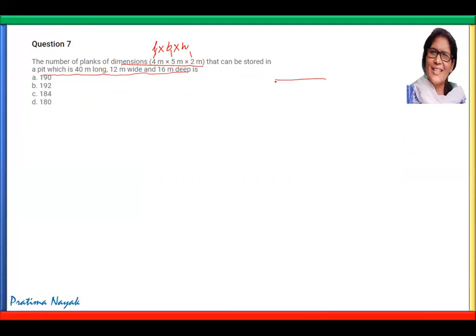That means there is a pit whose dimensions are given. It will be 40, 12 and 16. Inside this, some planks will be put whose dimensions are 4, 5 and 2.